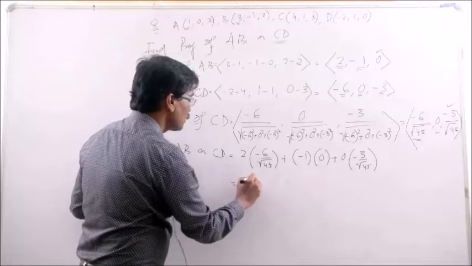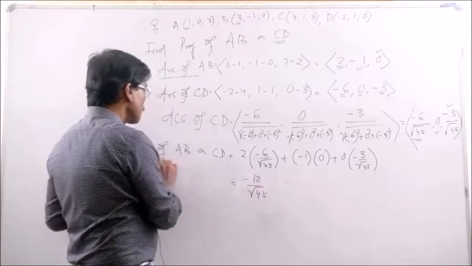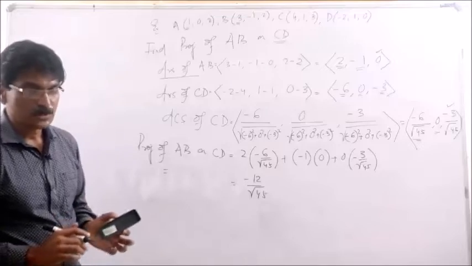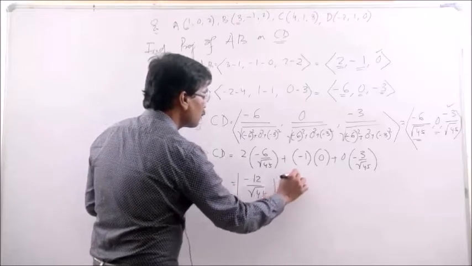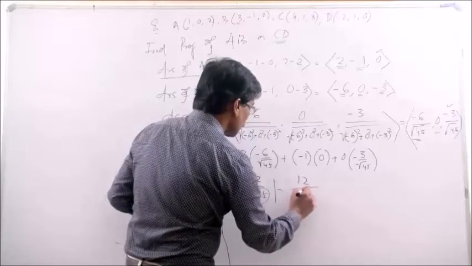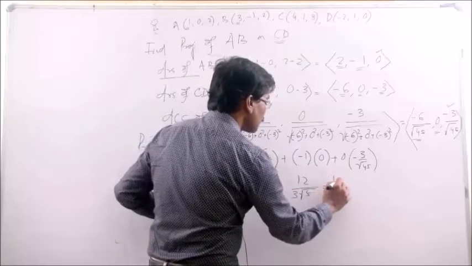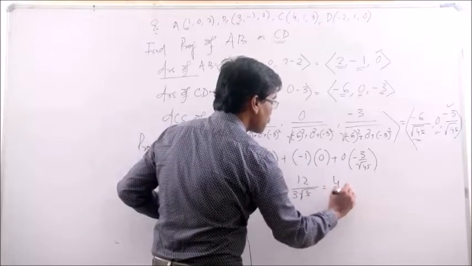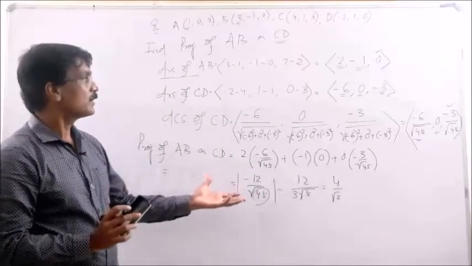So, it is equal to minus 12 by root 45. Projection is always a positive quantity, so it is 12 by root 45, which is 3 root 5, that is equal to 4 by root 5. So, we consider this positive quantity.